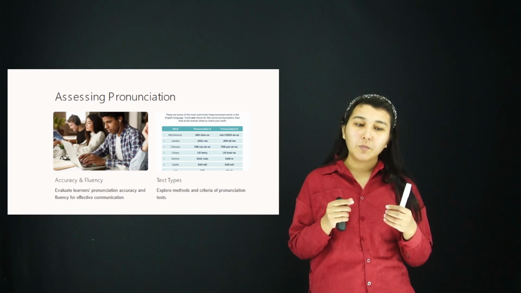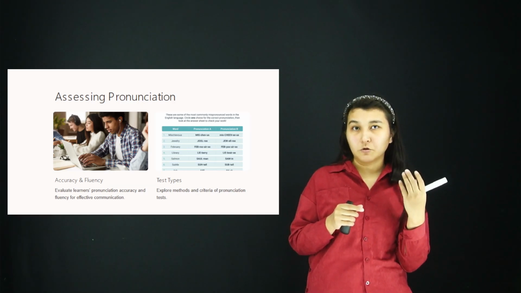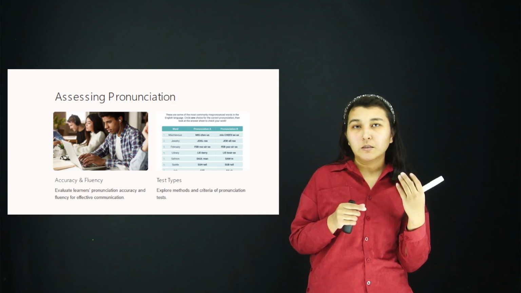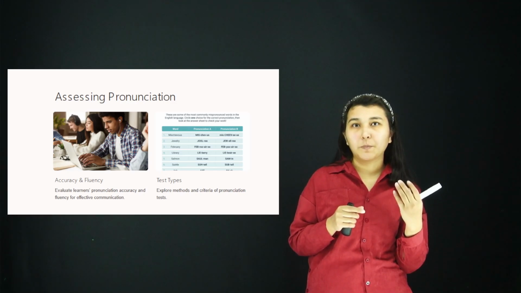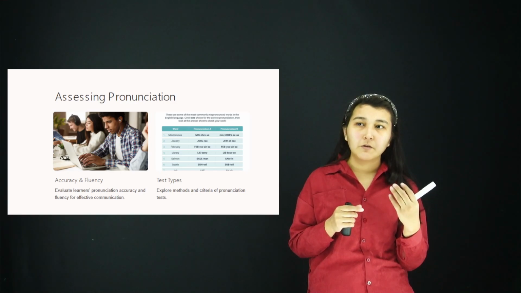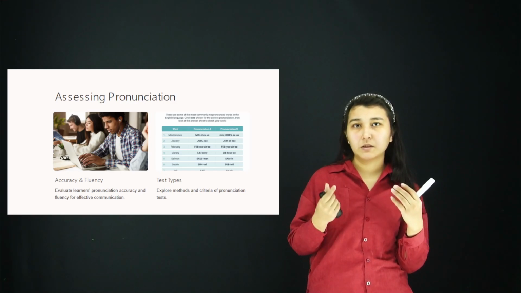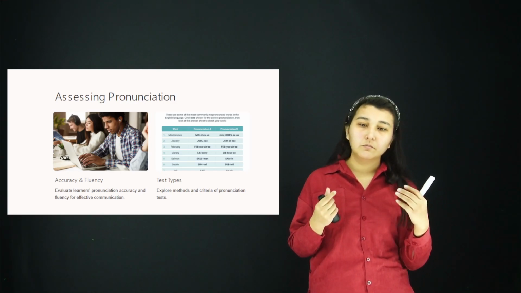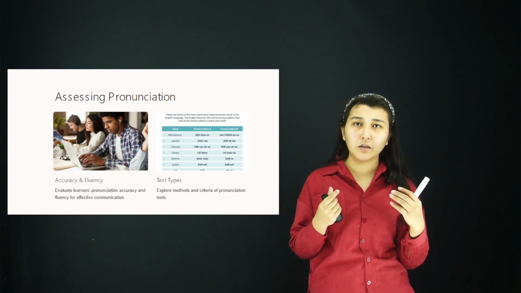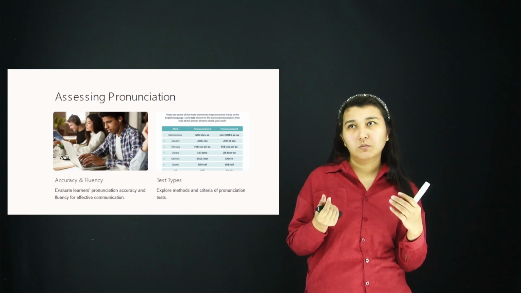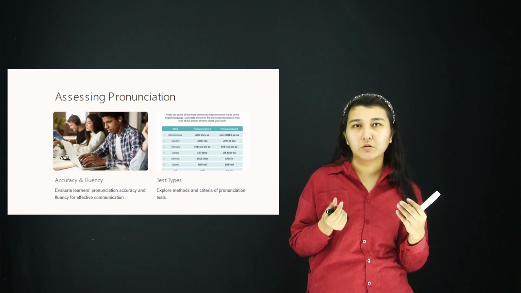And by listening to their voice, their speaking, they can correct their mistakes, and they can identify their weaknesses, where they made a mistake, and where they don't pronounce fluently.